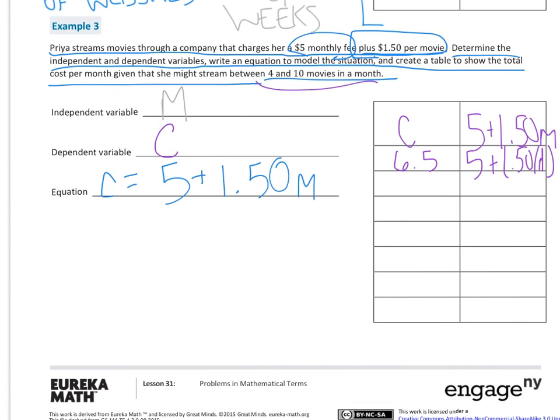Okay, but we're supposed to be looking at between 4 and 10 movies. So let's say 4 movies for M. So we have 5 plus 1.50 multiplied by 4. So that means that C would equal 11. All right, go ahead and fill out the rest of this table, and then come see me for your smelly star.